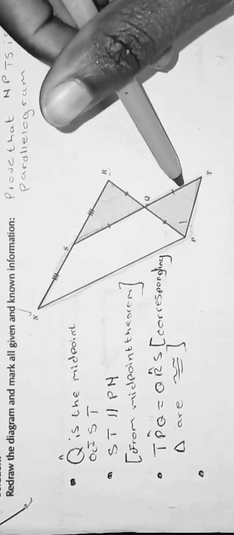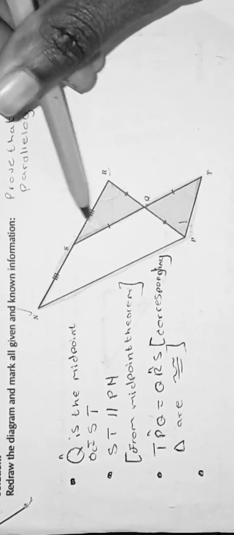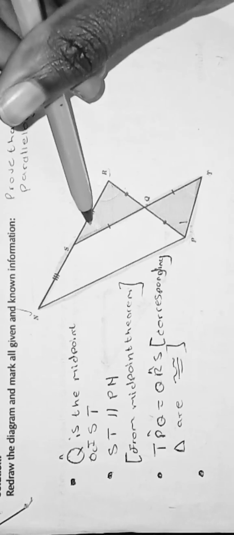So this angle which is outside is equal to interior, this one angle is equal to this one, which makes it a congruent angle T is equal to angle S.